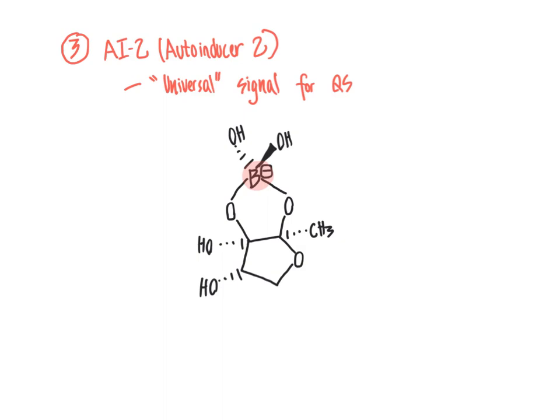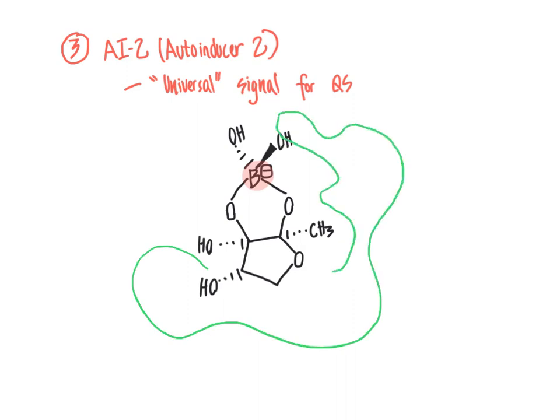And in fact, interestingly enough, this particular compound was identified by crystallizing it in association with the protein receptor that binds to this autoinducer in order to trigger the biological response. So rather than the scientists being able to crystallize just this boron-containing autoinducer by itself, instead, in order to accomplish crystallography and identify this compound, it was crystallized within the active site of the protein that it binds to.